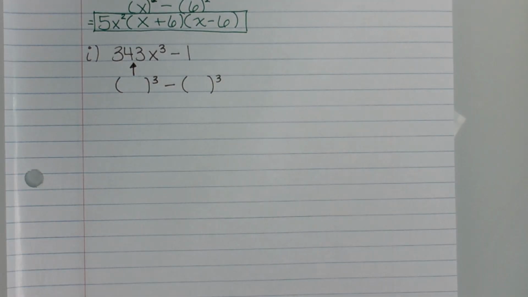That's my setup. Peyton, what cubed will give me 343x cubed? Peyton, did you write down the chart? Don't get me wrong, you can use your calculator and go through the things, but I gave you guys the chart for a reason.